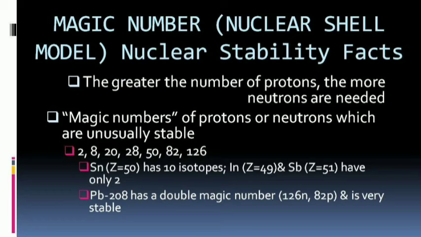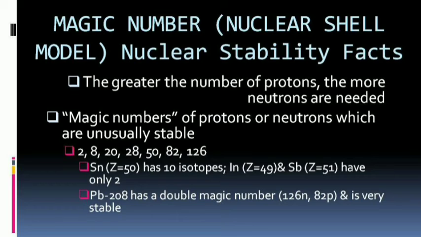Magic numbers are the numbers of protons or neutrons which are unusually stable. So if an atom contains 2, 8, 20, 28, 50, 82 or 126 protons or neutrons, these numbers are considered magic numbers.